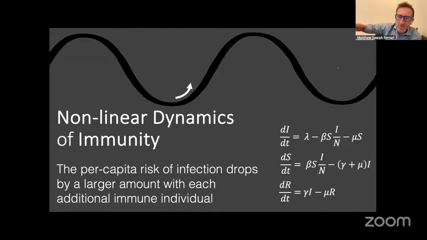But I oftentimes shorthand it with just the lambda, because I can define lambda in multiple different ways. Here I would define lambda as the birth rate times the total population size N. But in other versions of this model, we can discount that birth rate by, say, the vaccination rate, as one of the simple representations.